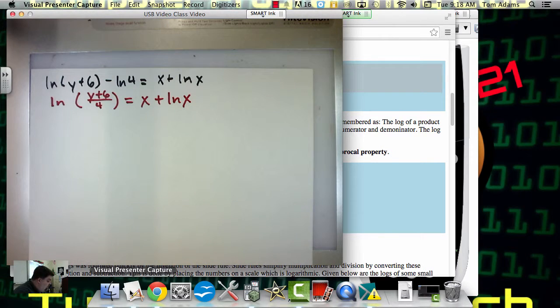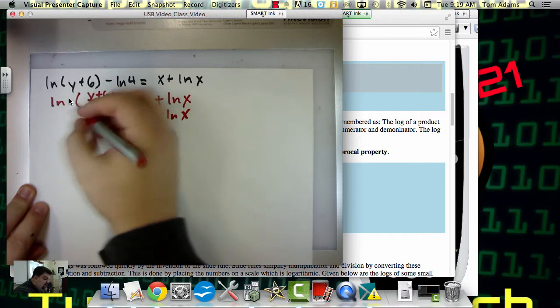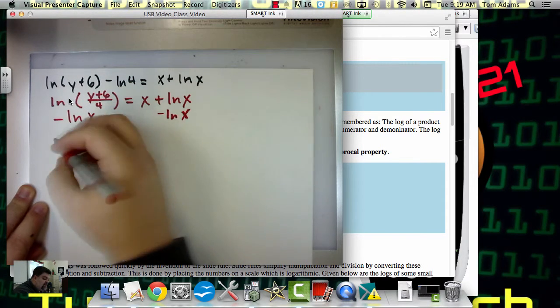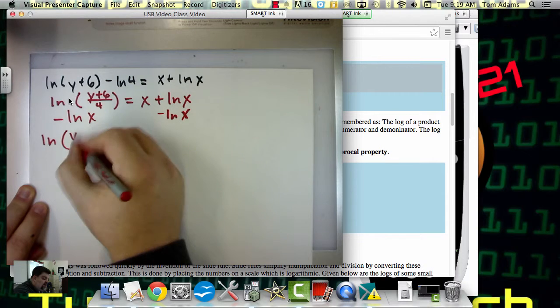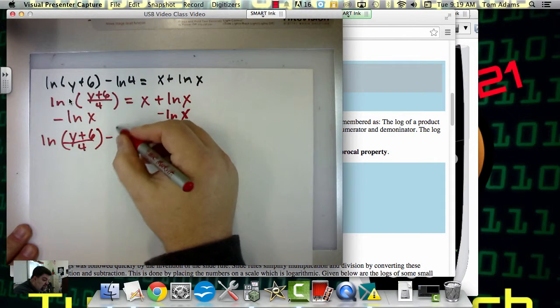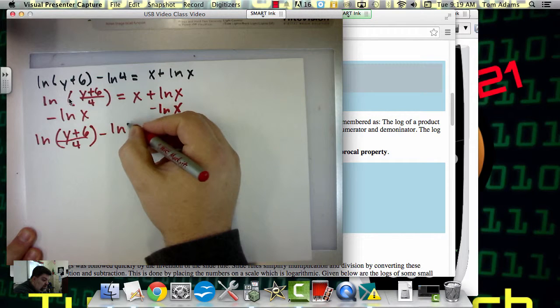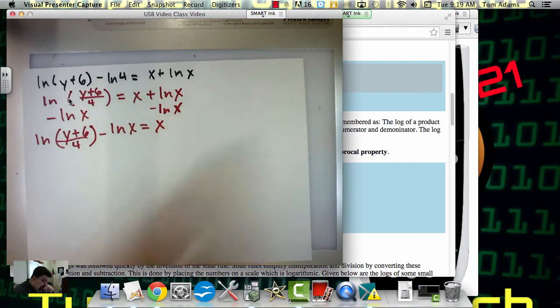Now, from this point, you might be tempted to try something. I suppose I could subtract the natural log of x from both sides, and on this side I get the natural log of y plus 6 over 4 minus the natural log of x is equal to x.